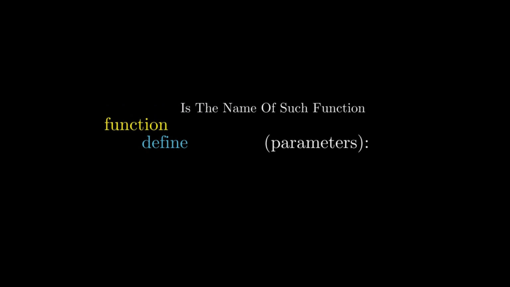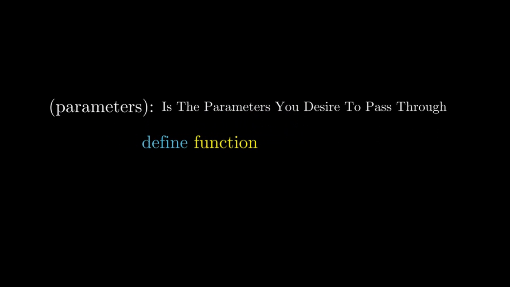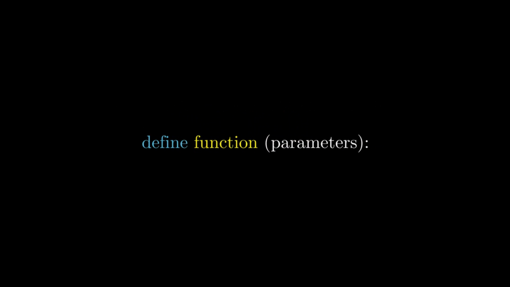Now, this name doesn't have to be function, it can be anything, but whatever value you put there becomes the name. Lastly, you have parameters. These are the values you wish to pass through to the function.